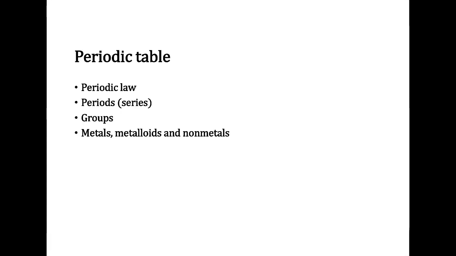So as we start our introduction to the periodic table, I just want to briefly mention that the periodic table is arranged in the following way. It follows a periodic law. So what we mean by a periodic law is that the properties repeat themselves.